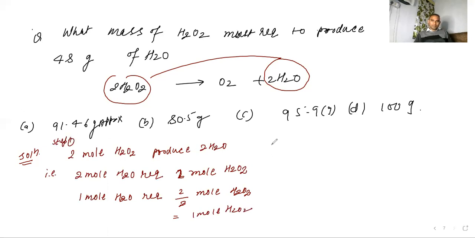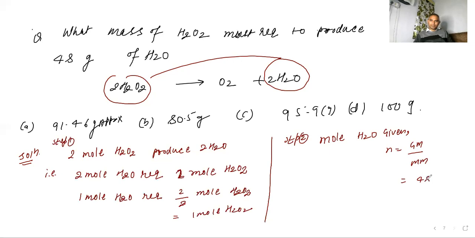Can I just say approximately 2 for the number of moles?